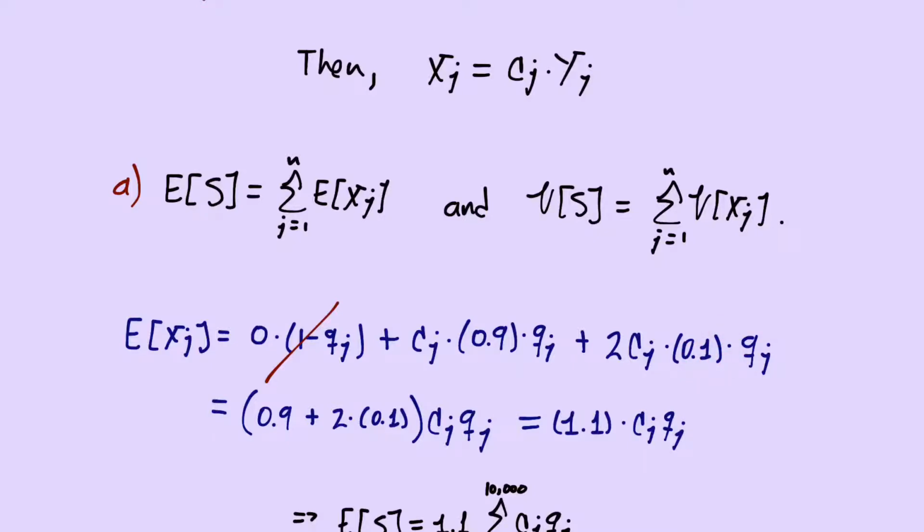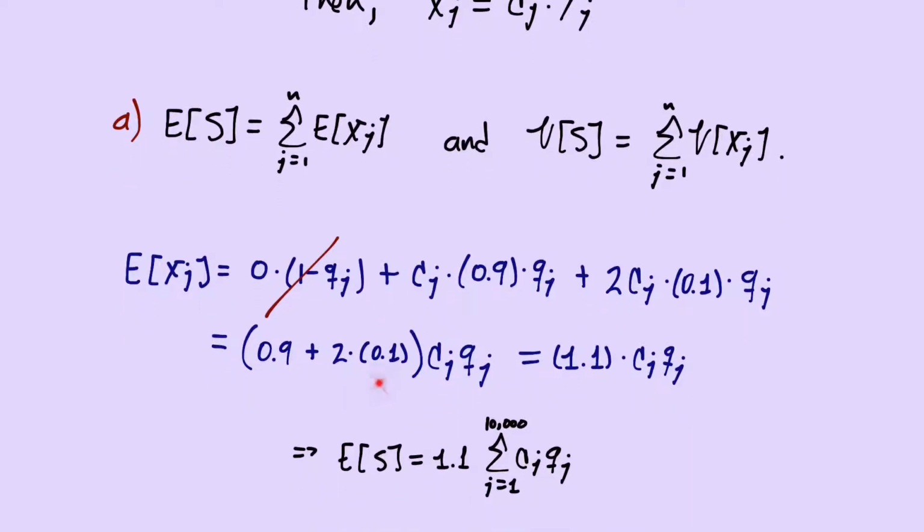And doing a little bit of algebra, we can get that this total expected value would be, for example, if we factorize cj times qj, we will have this 0.9 adding 2 times this 0.1, that is 0.2, and then 0.9 plus 0.2 is 1.1. So the value of this expected value is 1.1 times cj times qj, okay?